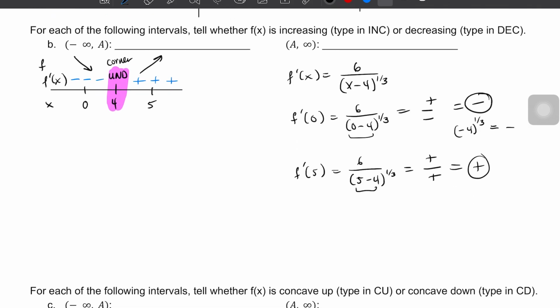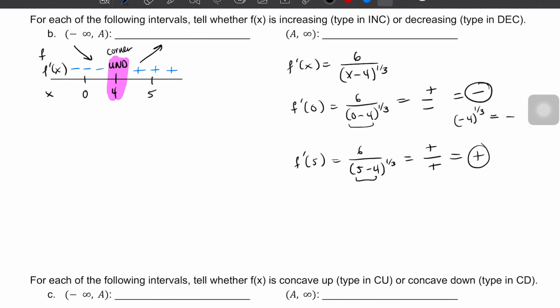So to find when the function is increasing or decreasing, we're going to say it's decreasing from negative infinity to positive 4. We can see that from here, negative infinity all the way to 4 is decreasing. And from 4 to positive infinity, we can see that from here, that's going to be increasing.